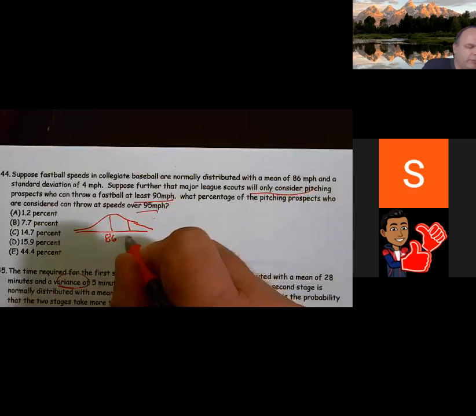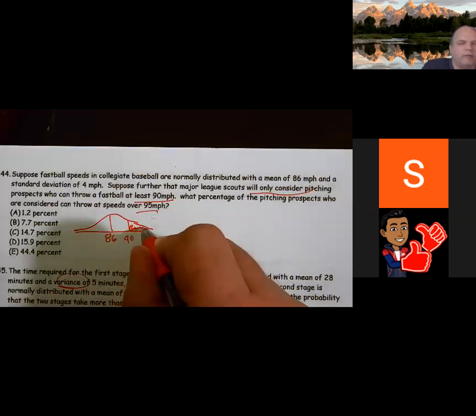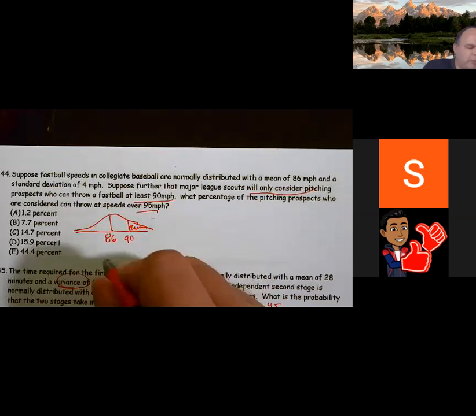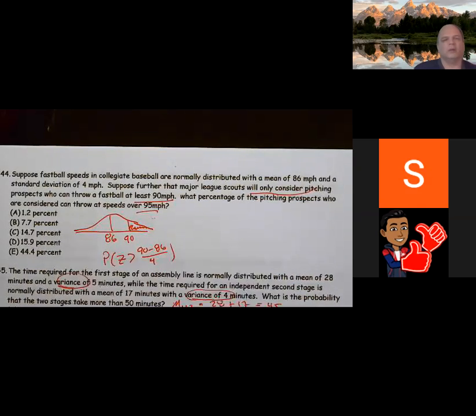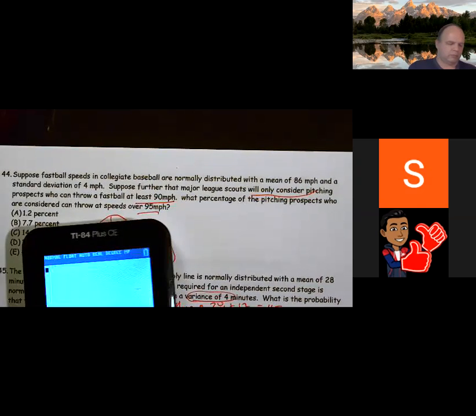So we need to figure out this part first. We need the probability that Z is greater than (90 minus 86) over 4. Normal CDF, 90, infinity, 86, 4, and we get 0.1586.